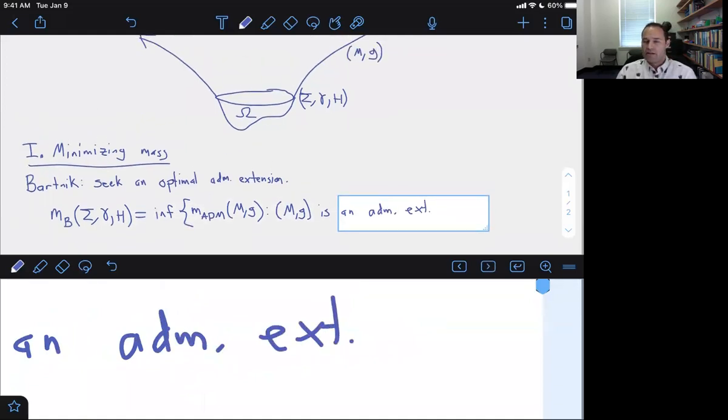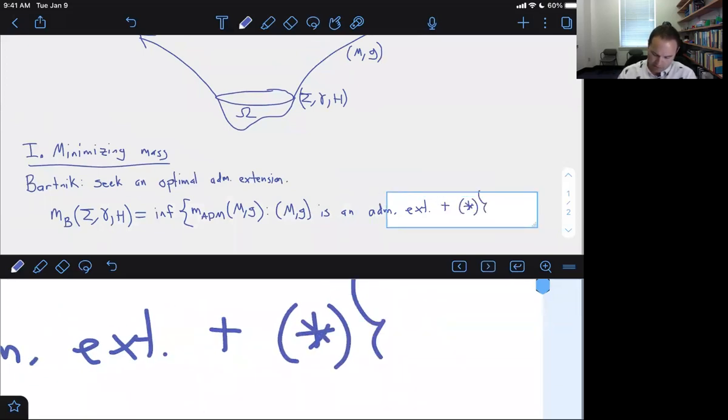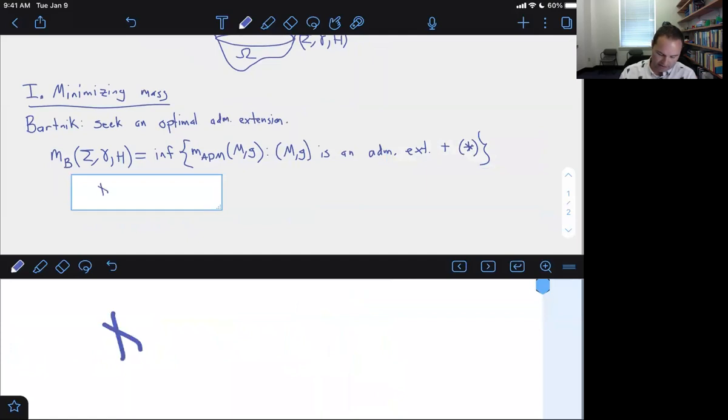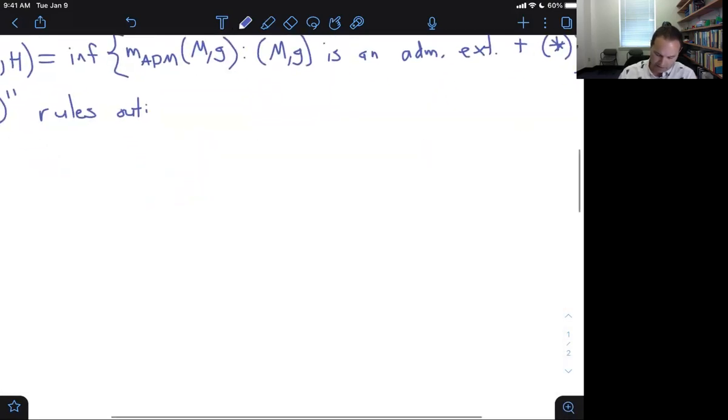Okay. If you leave the definition like this, it actually turns out not to be a very good definition. So there's one other condition you have to put in. I'll just call it generically condition star. It won't be particularly relevant for the kinds of stuff I'm talking about today, but basically the point of star is that this condition needs to rule out a certain kind of behavior that was originally identified by Bartnik.